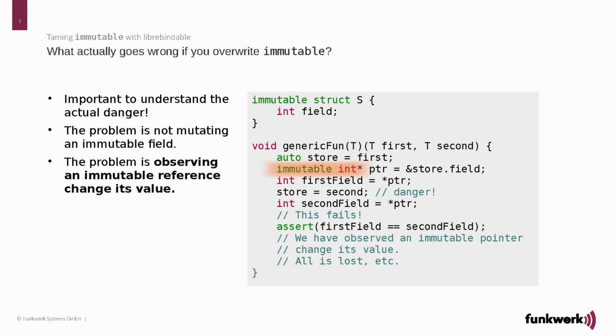So we have an immutable int, and now we take the value of that pointer, we read it from memory, and we just hold on to it for a sec. And then let's pretend we can overwrite that variable. Now we overwrite it with some other value, maybe our second parameter. And this has a different value in the field. But the pointer is still live. The pointer is still ready to go off at any time.